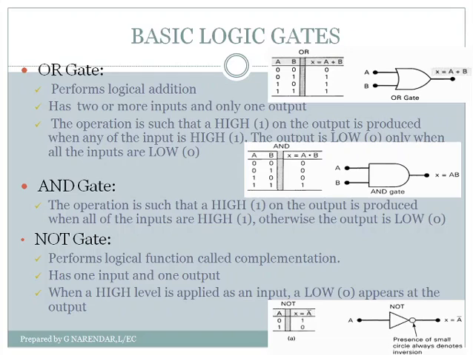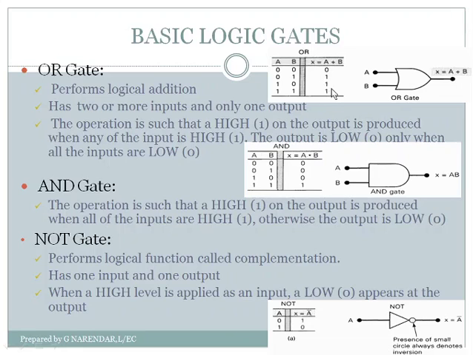So overall, if we observe the truth table for this OR gate, we can see for which combinations of the input the output is becoming 0, and for which combinations of input the output is becoming 1.